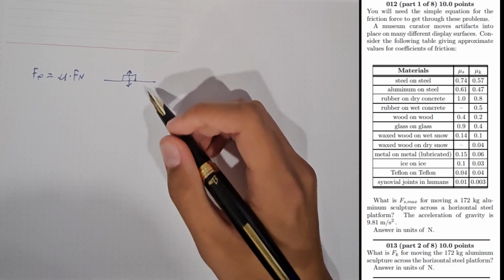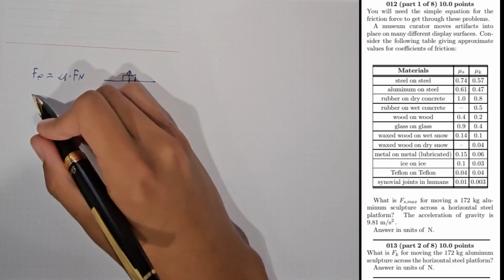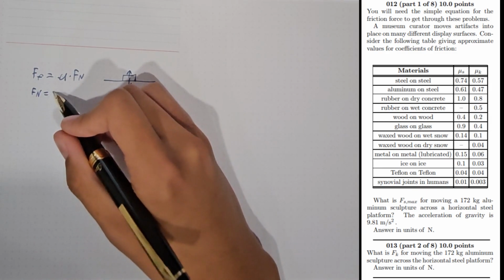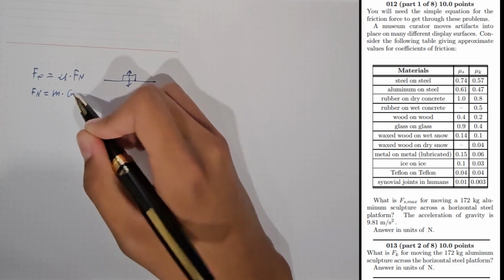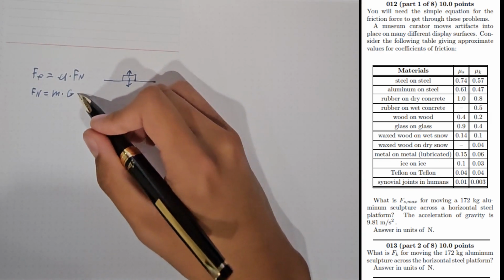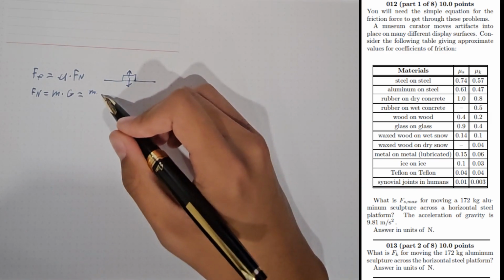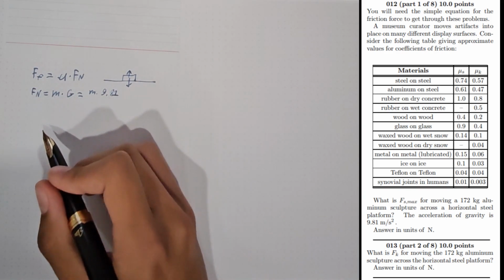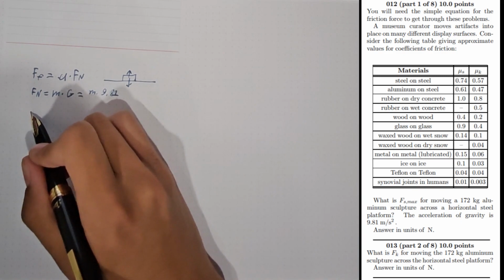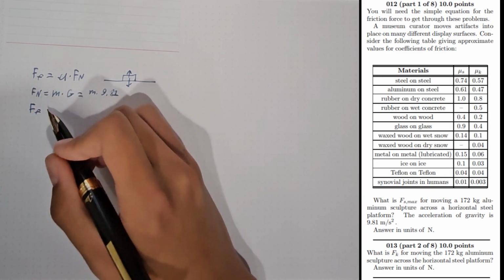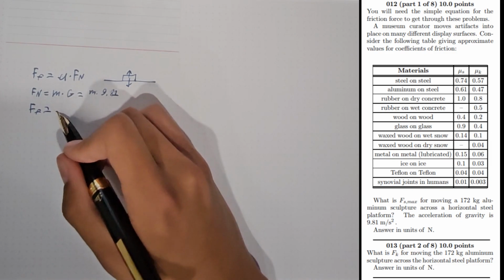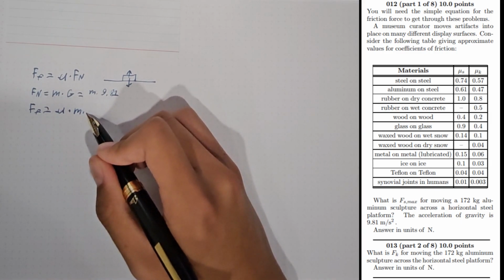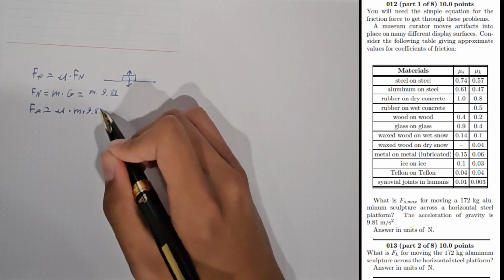So for all of these museum problems, the normal force is going to be the mass times gravity, which is mass times 9.81. Which means that for these problems, your answer is always going to be the friction coefficient times mass times 9.81.